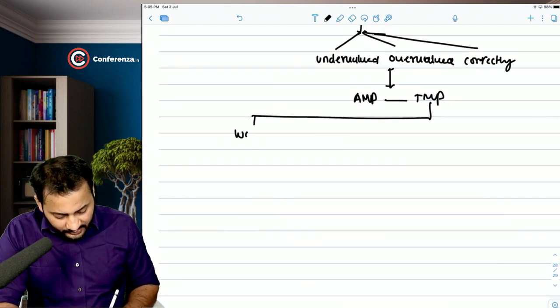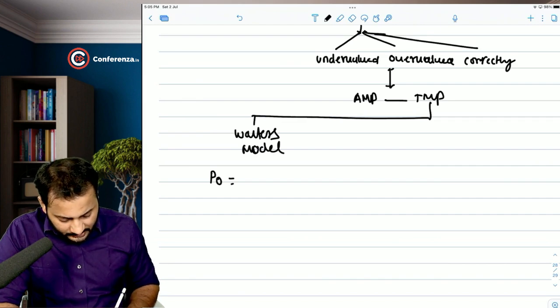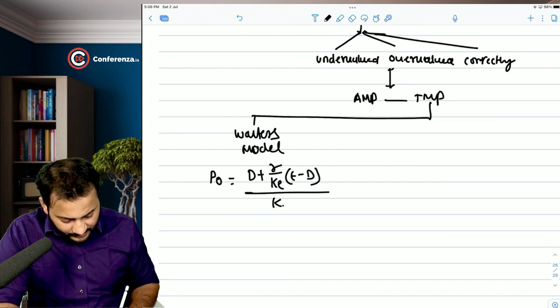The very first theory was Walter's model, where we learned this formula for calculating P0 as dividend plus return on equity divided by cost of equity, in brackets earning per share minus dividend, divided by cost of equity.